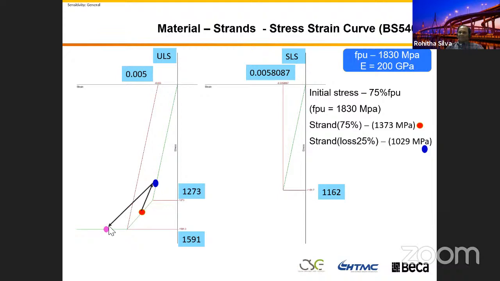Then you can see we are on the plateau line during the ultimate limit state, but the stress level limit is different. 1830 is the capacity, the breaking load, but the maximum stress you limit on your strand is 87% of that value. I think gamma m is 1.15, so 1 over 1.15, about 87%.